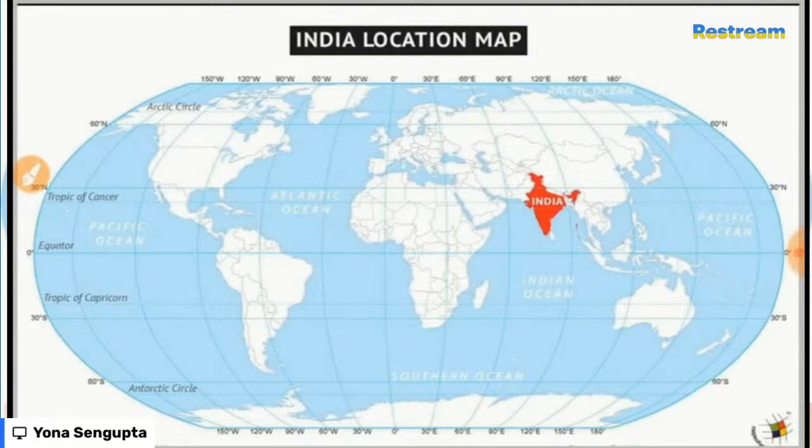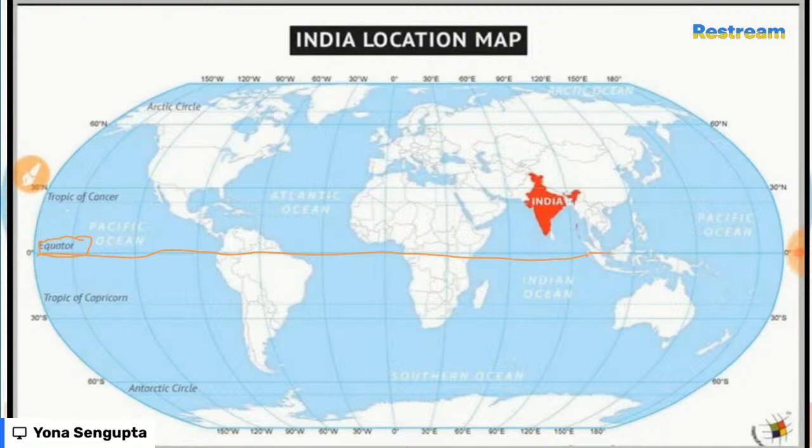Now I will be telling you something about the lines: India lies entirely in the northern hemisphere and in the eastern hemisphere, and India lies north of the equator. So which one is the equator? See my cursor, this part is the equator.